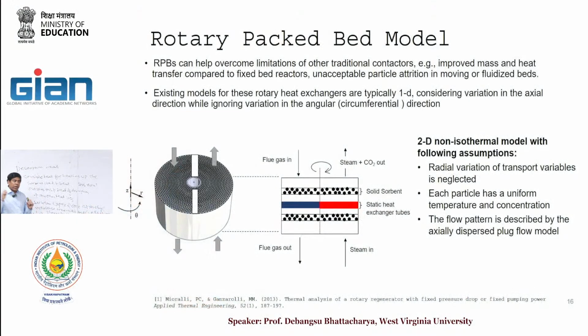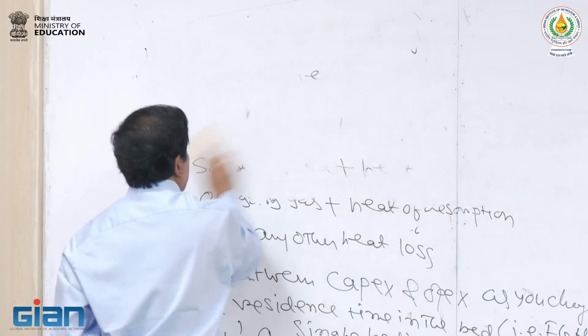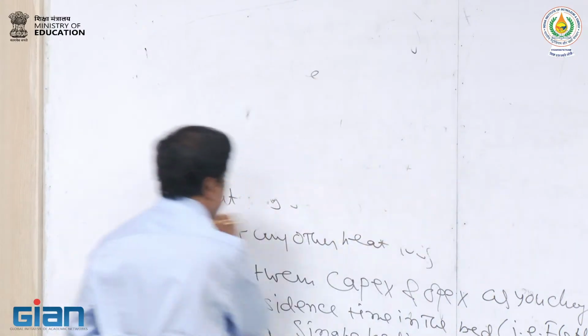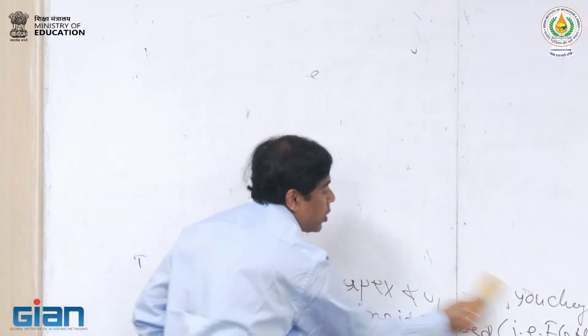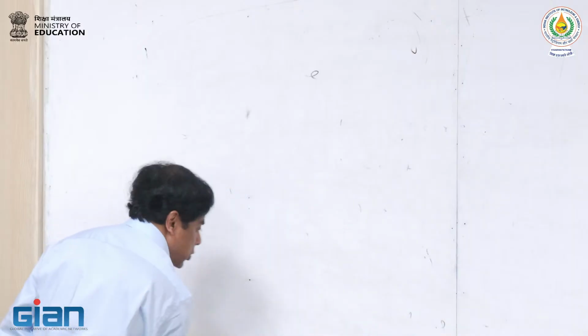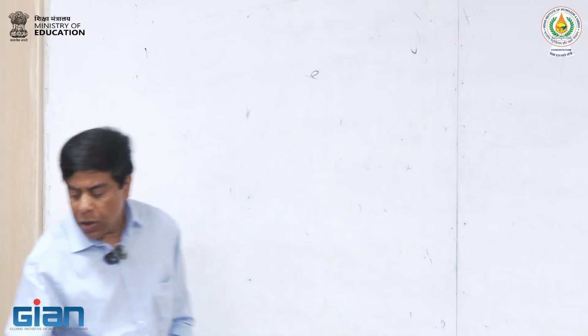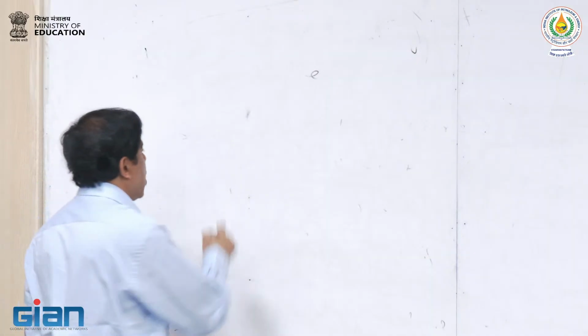One section is for adsorption, another section is for desorption. This draws parallel to the power plant air preheater. If you go to an existing power plant, even now most of the power plant air preheaters are like that. We call it a Ljungström type air preheater, right?